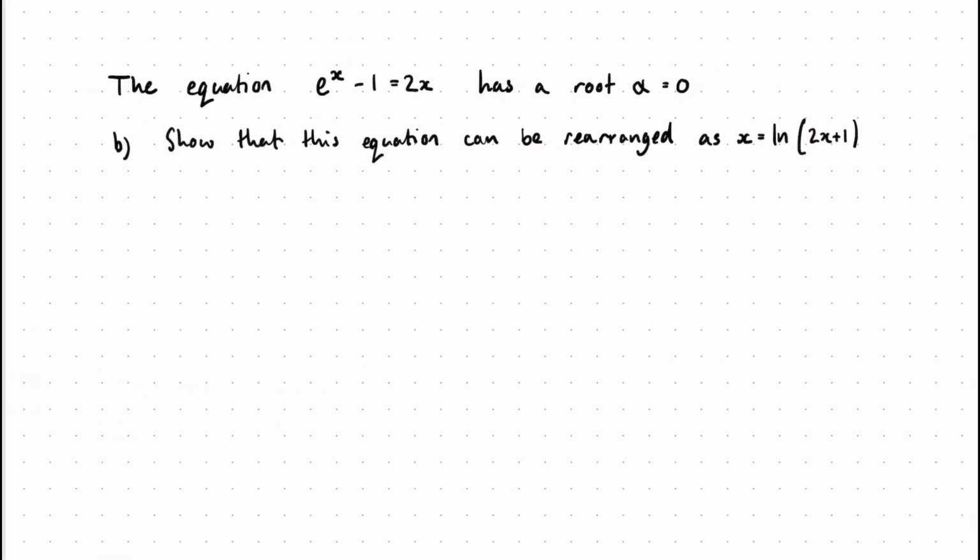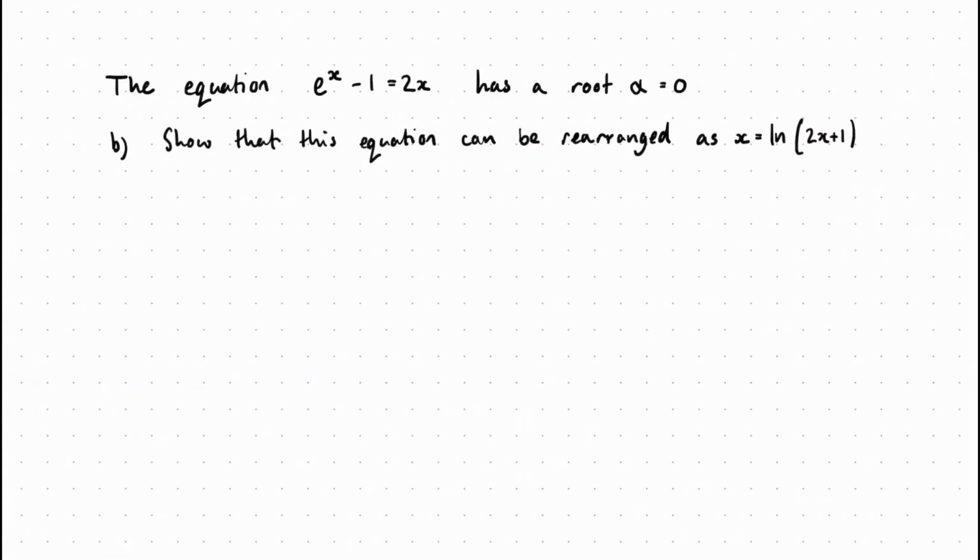Okay, let's have a look at B. We're now going to show that this equation can be rearranged to be x equals ln(2x plus 1). If you've got an exponential question and you're seeing a log, that's basically just your standard rearrangement. So go from e to the x minus 1 equals 2x.